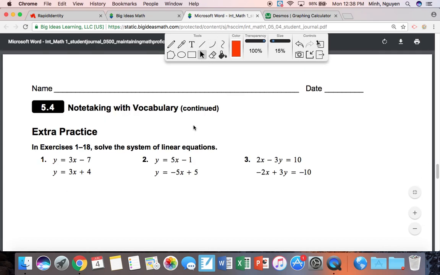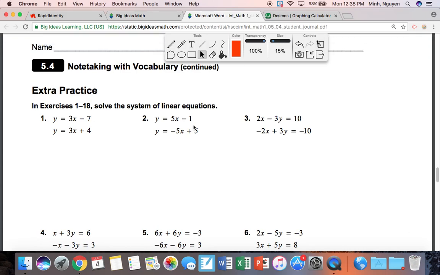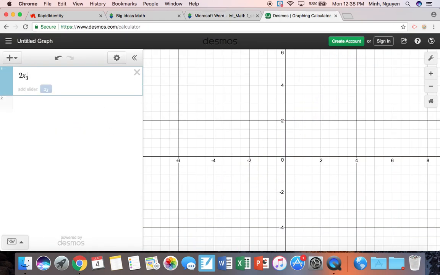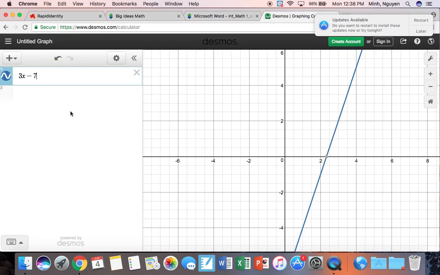Okay, moving on. Solve the system of linear equations. Actually, let's plug these in by graphing first. One is y equals 3x minus 7. And the other one is y equals 3x plus 4.